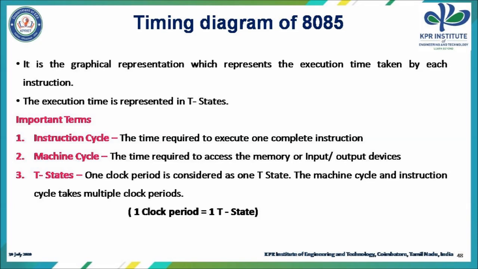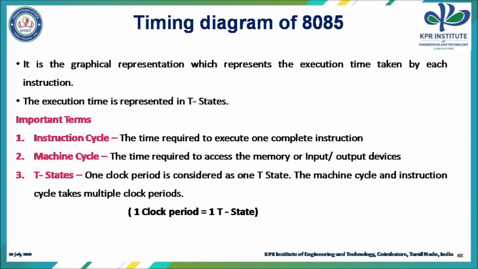A T state is one clock period, which has a rising edge, a level edge and a falling edge. The machine cycles and instruction cycles of 8085 processor require one or more T states.